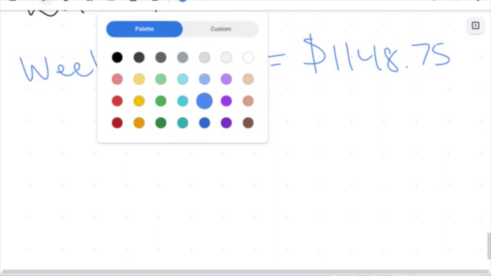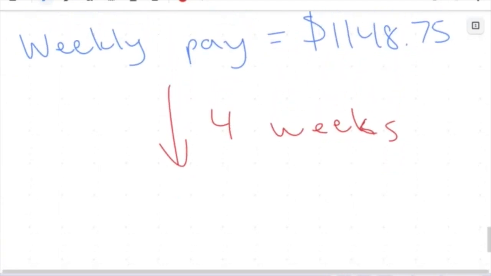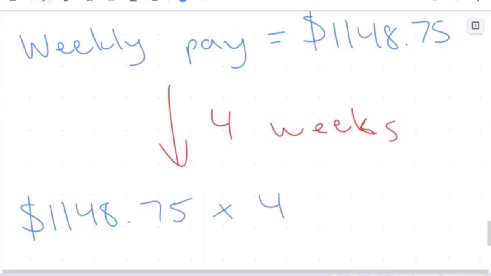So after 4 weeks, the amount we're going to make is 1,148.75 multiplied by 4, because I'm finding the amount of pay for these 4 weeks. That gives me a normal pay of 4,595 roughly.